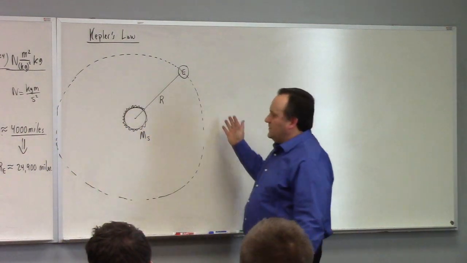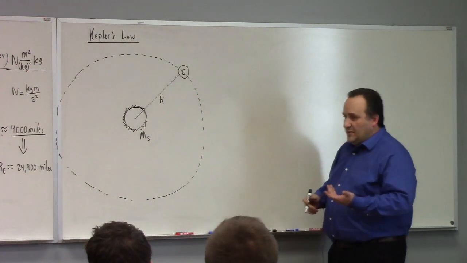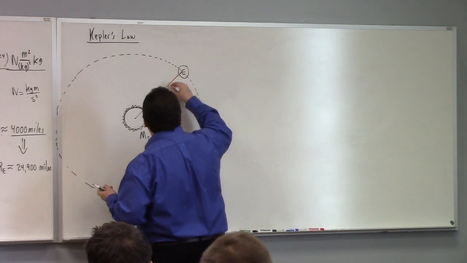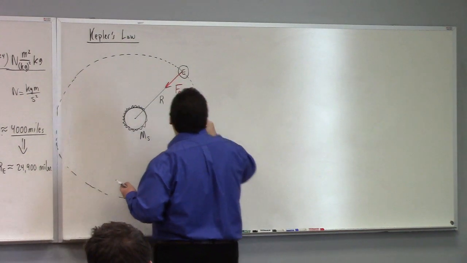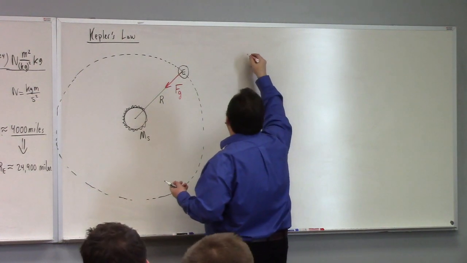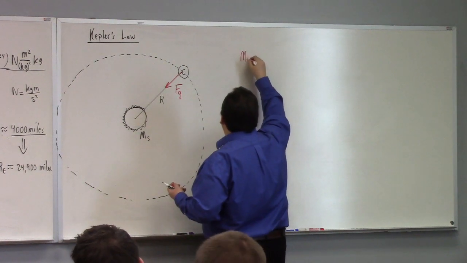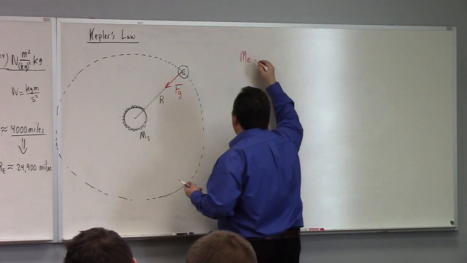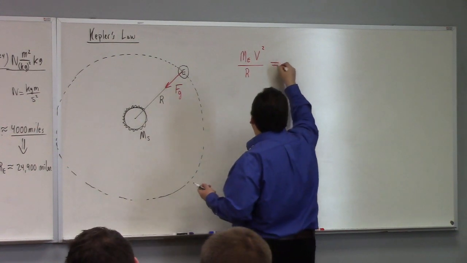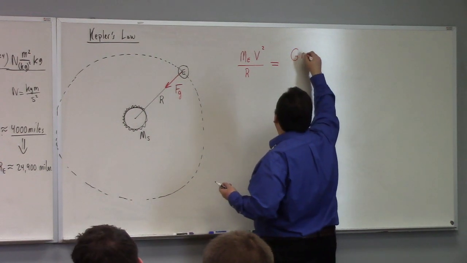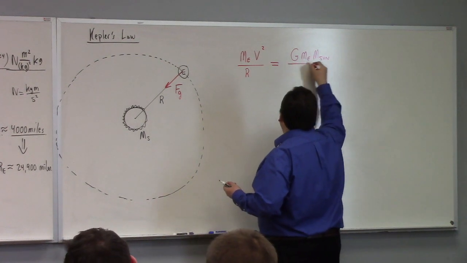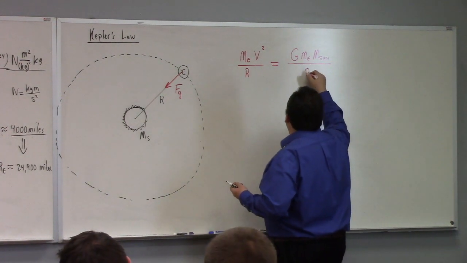But if we assume that the Earth travels in a circle around the sun, we can say much, right? What keeps it going in a circle is the force of gravity, right? And so what we've got is mass of the Earth times the velocity of the Earth squared divided by its radius is equal to big G, mass of the Earth, mass of the sun, divided by the radius squared.